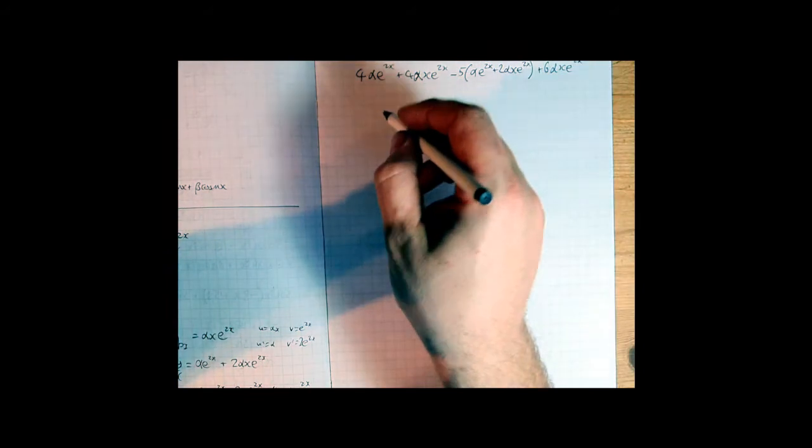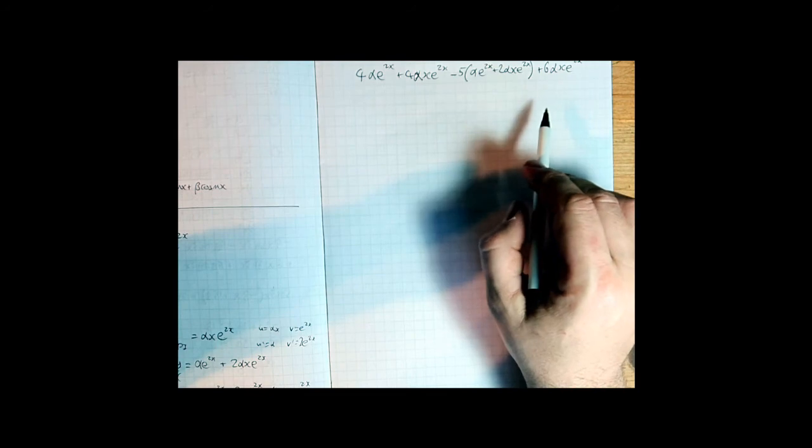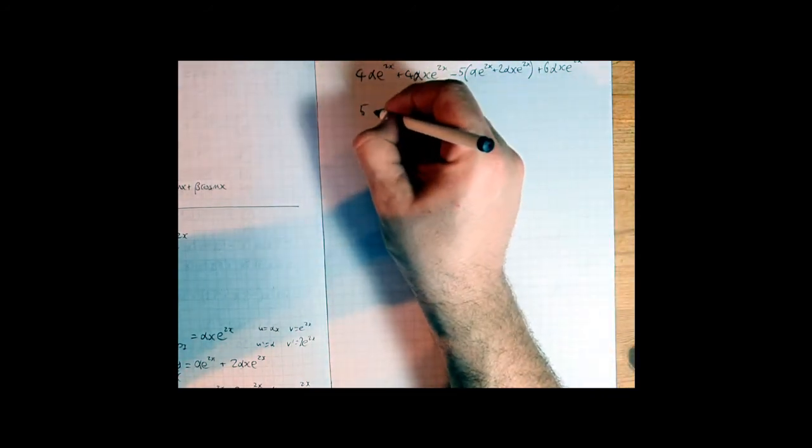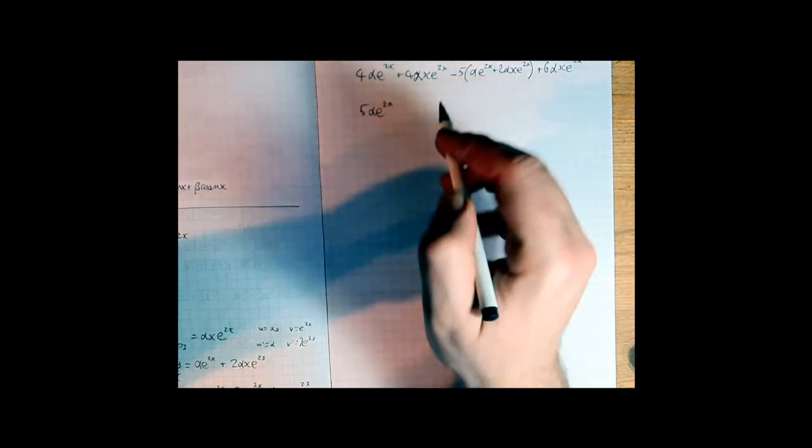Let's see what happens. 4 alpha e to the 2x minus 5 alpha e to the 2x plus 6 alpha e to the 2x. That gives me 5 alpha e to the 2x.